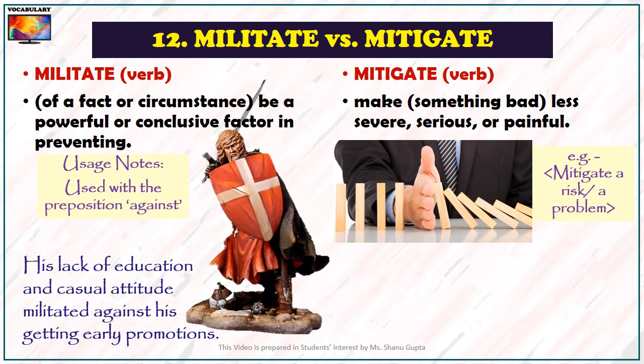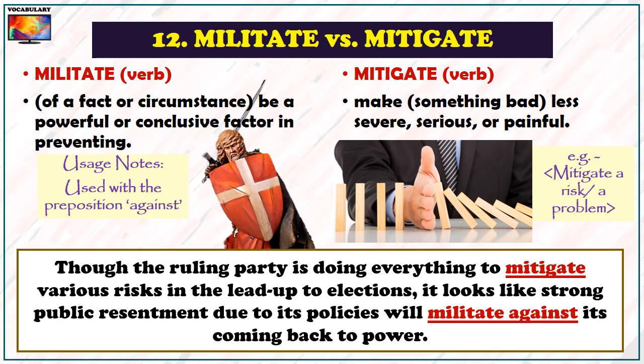Let's look at one sentence that brings out the difference in meanings of these words. Though the ruling party is doing everything to mitigate various risks in the lead up to elections, it looks like strong public resentment due to its policies will militate against its coming back to power.